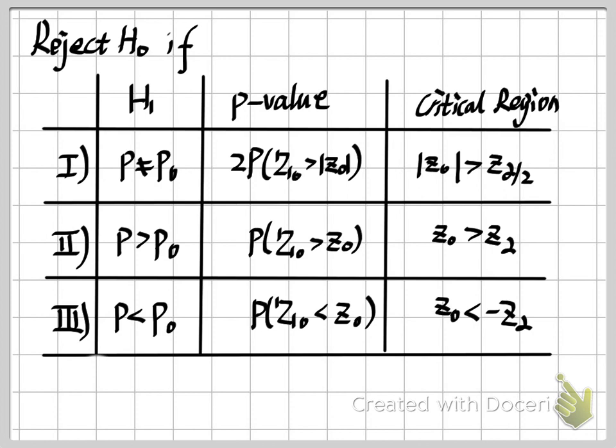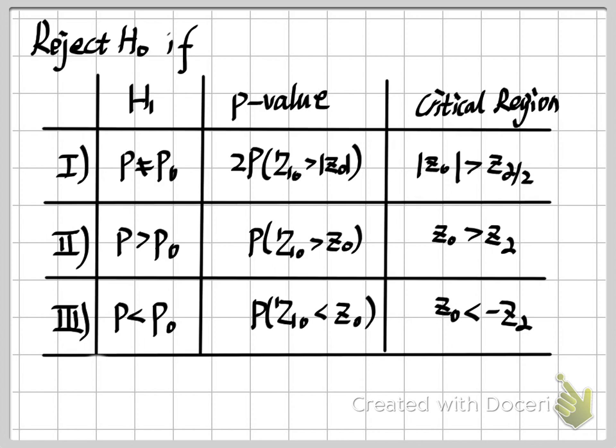Similar to our previous hypothesis test about the mean of the normal distribution, we also have two ways to reject our null hypothesis H0. The first one is to look at the p-value. For the first case, the two-sided case, if the p-value is smaller than our alpha, we reject. Because it is a two-sided test, we work on the two tails, right?